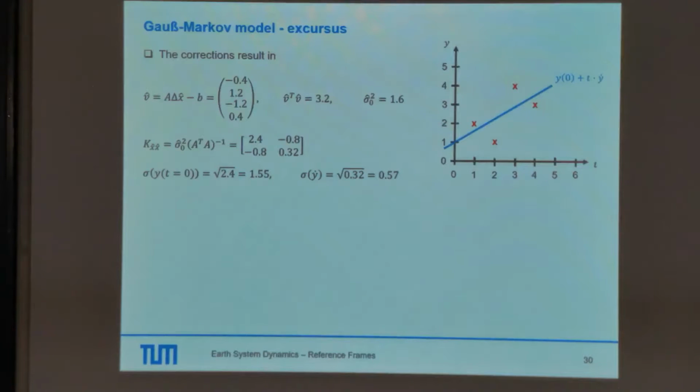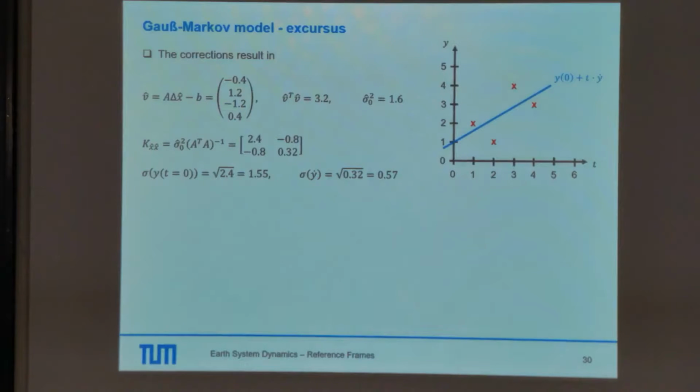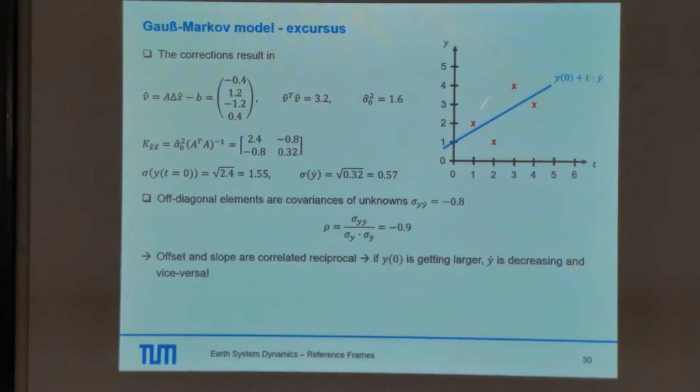Which means that your functional model fits these observations the best it can do. Any error you do in your functional model, for example, will lead to false results. So you have to be really sure that your functional model is adequate or physically meaningful in order to get reliable estimates at the end.